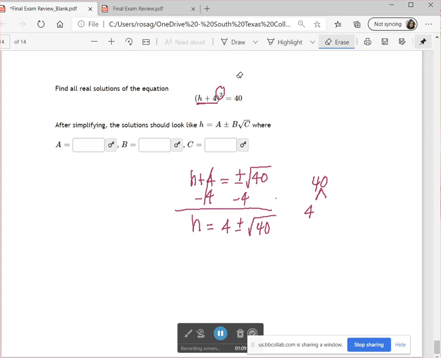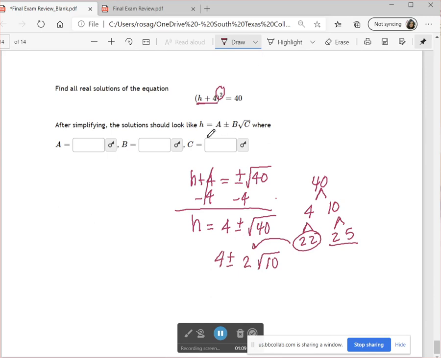But if you have the Casio, just plug it in and you get the simplified version here. So it would be -4 plus minus and then a 2 outside. And inside I have 2 and 5, which is 10.